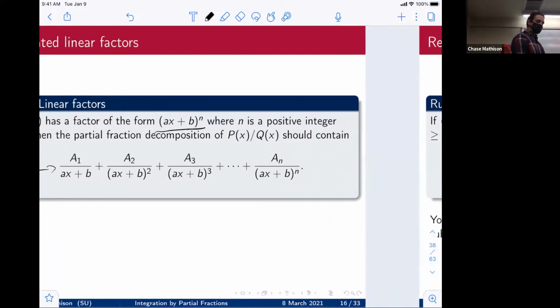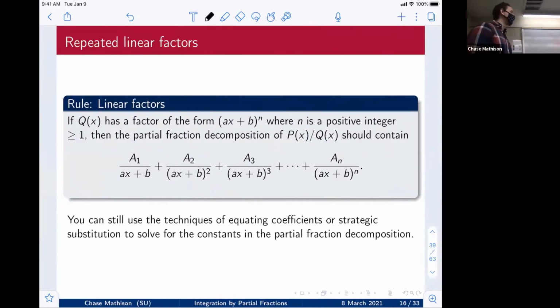But then you can still use the same methods to solve for those constants that we used before. Either strategic substitution, which takes a little more work in this case, or equating coefficients, which is always the exact same amount of work as that first example, okay?